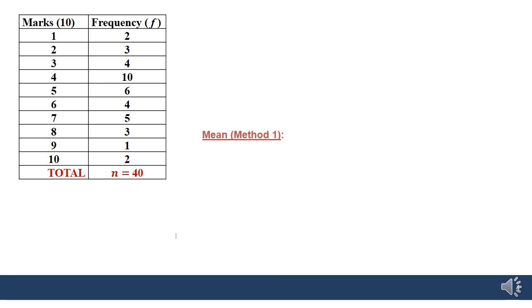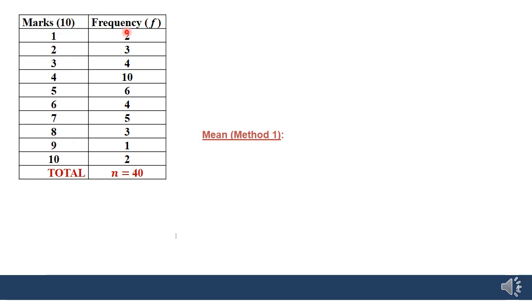What this frequency table shows me is that I have 2 people who gave a mark of 1. So that means I have 1 plus 1. I have 3 2s. So that's 2 plus 2 plus 2. And 4 3s. And on and on and on. So the frequency table tells me how many of each mark I have in my set.